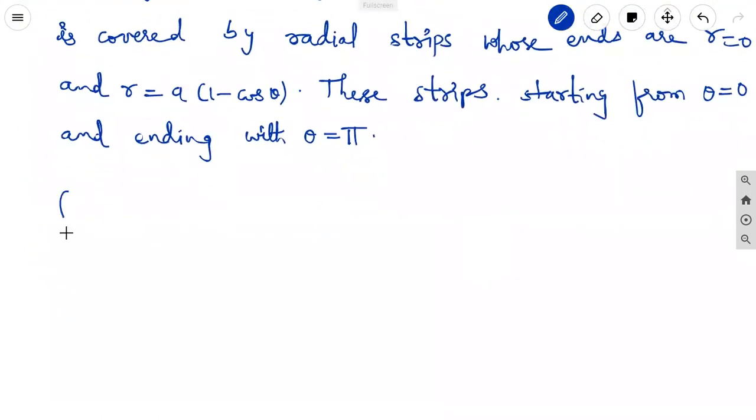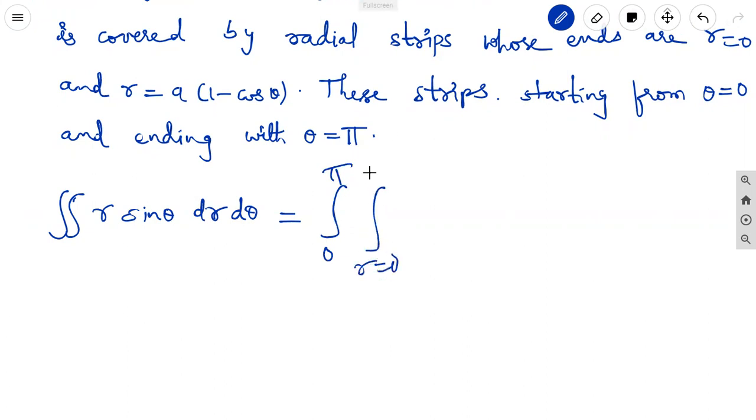Now we can take the double integral of r sin theta dr d theta, which is equal to the integral 0 to pi, that is the limits of the angle, and r equal to 0 to a into 1 minus cos theta, r sin theta dr d theta.